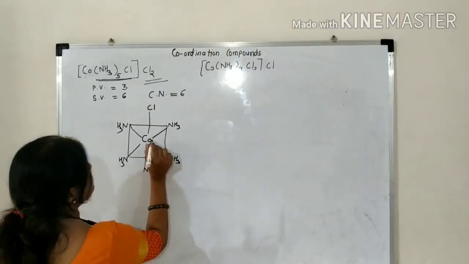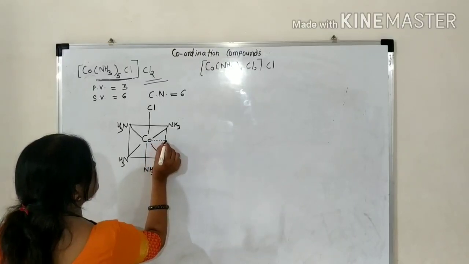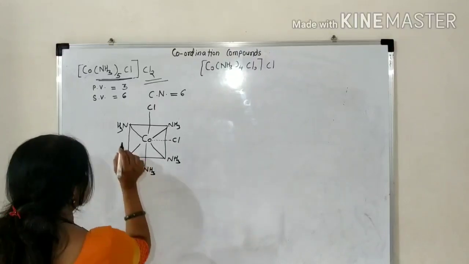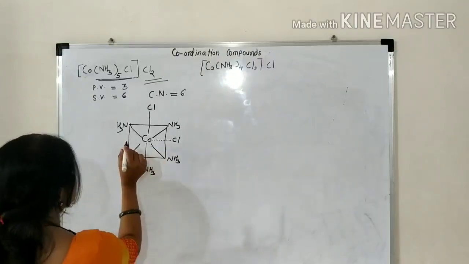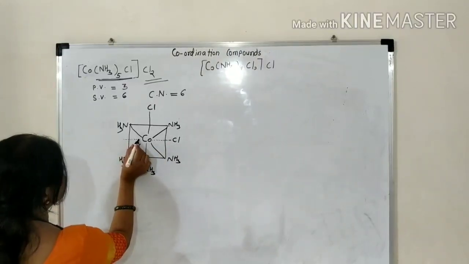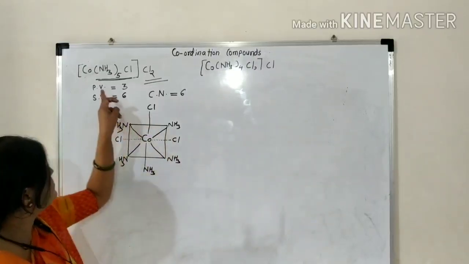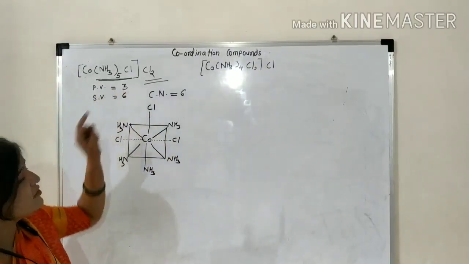Make a distance here. Therefore, here one of the chlorides is denoted by Cl with a dotted line, because it is primary valency. Here is another Cl. These 2 Cls satisfy 2 of the primary valencies, but the primary valency is 3.